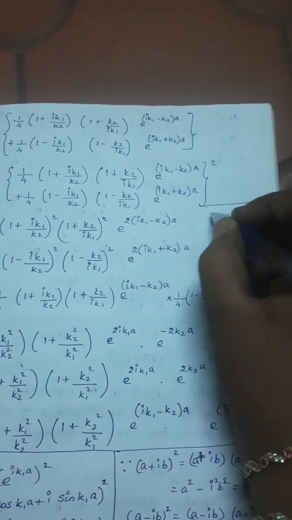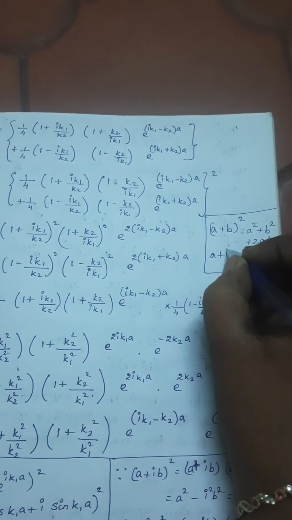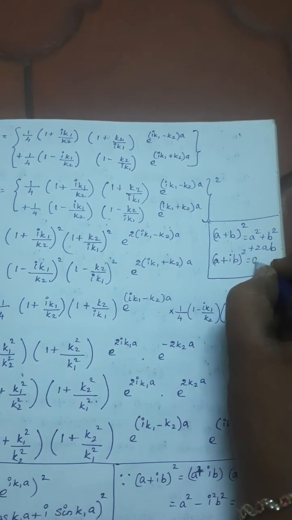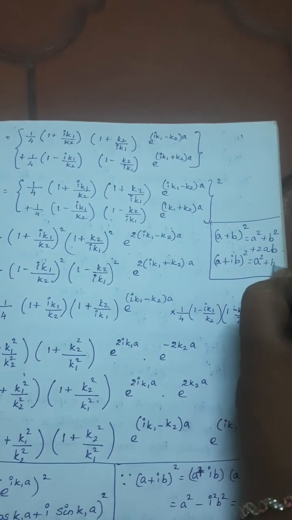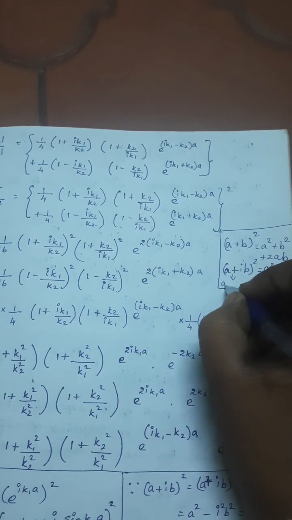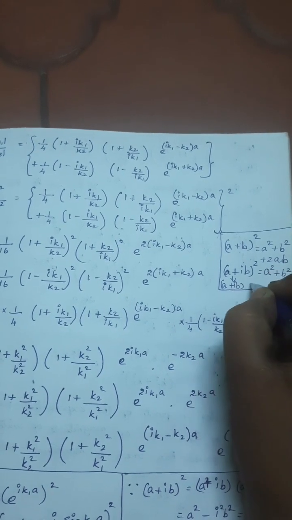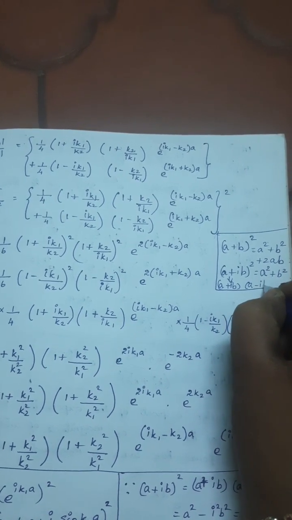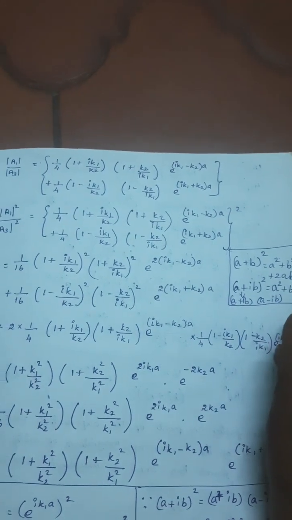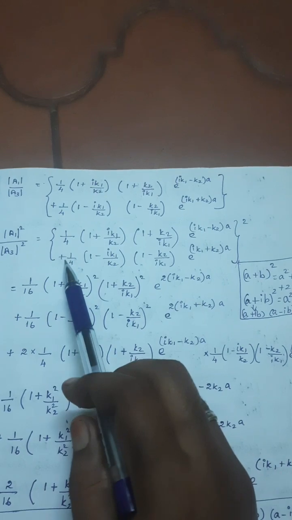Normally, A plus iB the whole square, the general formula is A square plus B square, because it is A plus iB into A minus iB. So automatically we get A square plus B square. But in our case it is a square term, and the plus has no i.